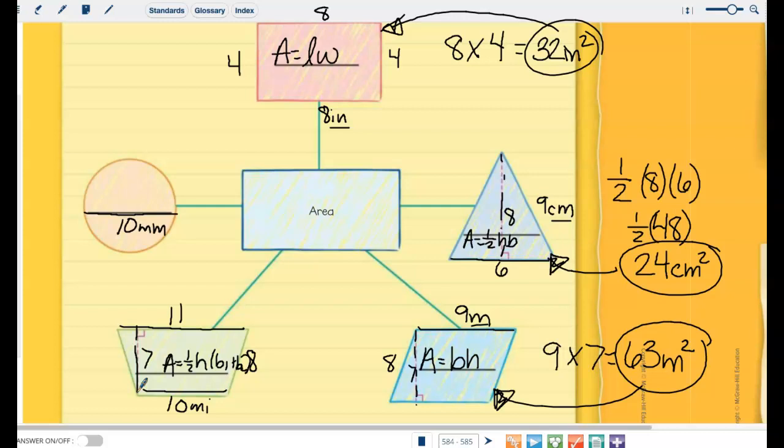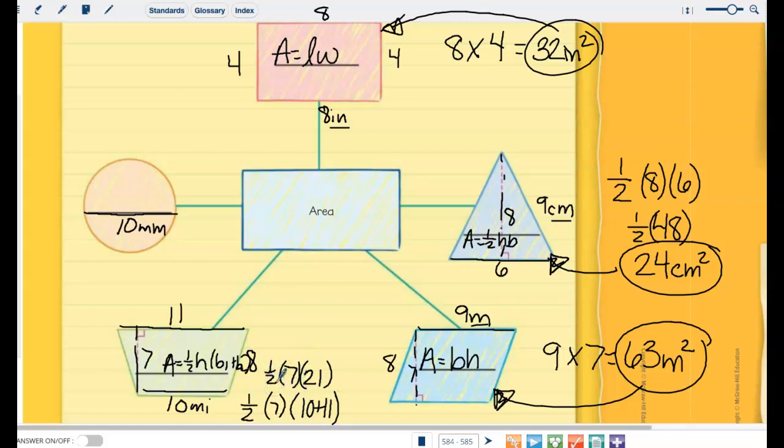So now I can just substitute that in. Let's say 1/2 of my height is 7, times base 1 is 10, plus base 2 is 11. So I don't actually use that 8 there. I don't use the slanted sides. So I would use PEMDAS to solve. So 10 plus 11 is 21. I'm actually going to show my work backwards.